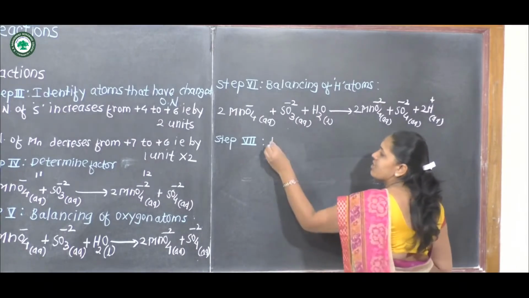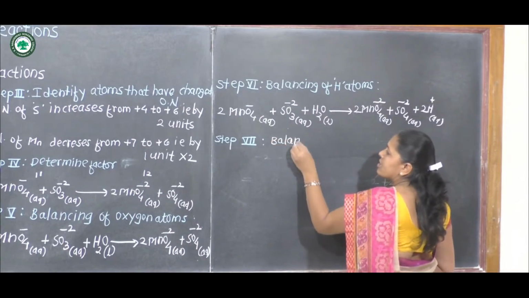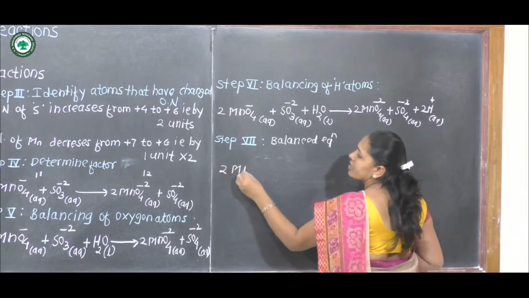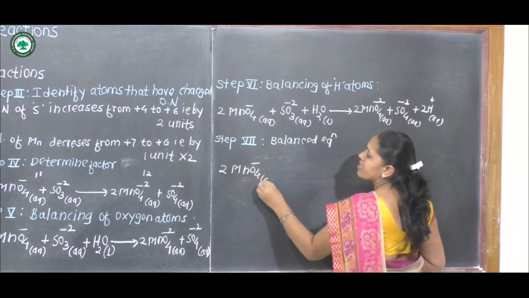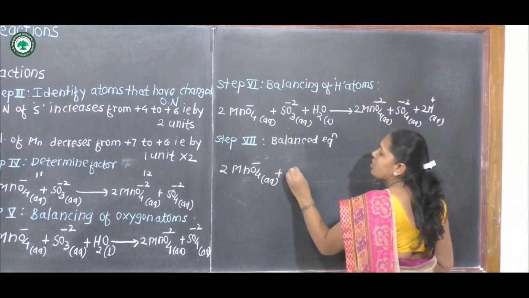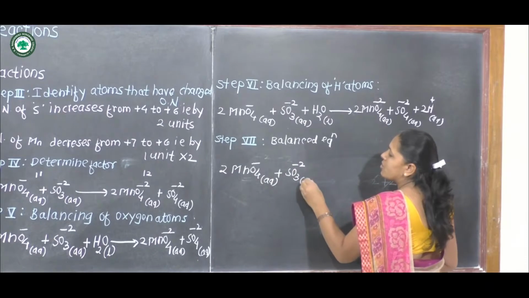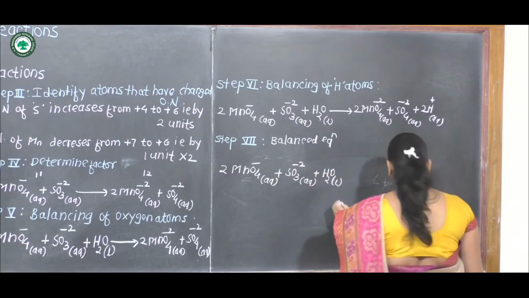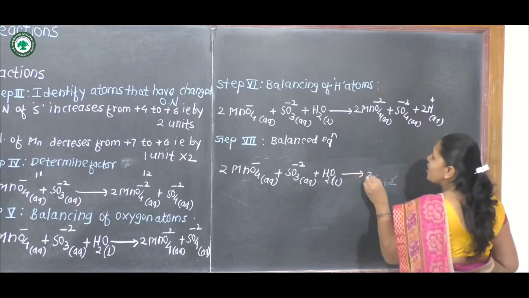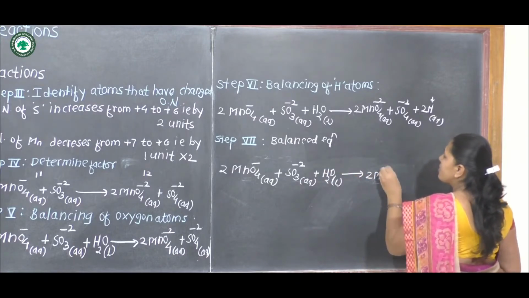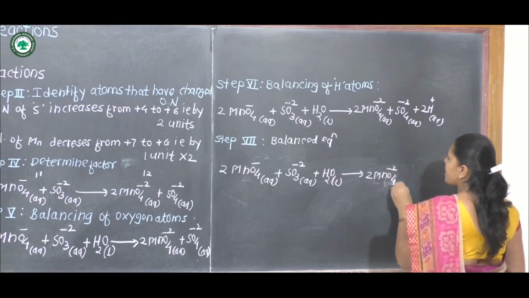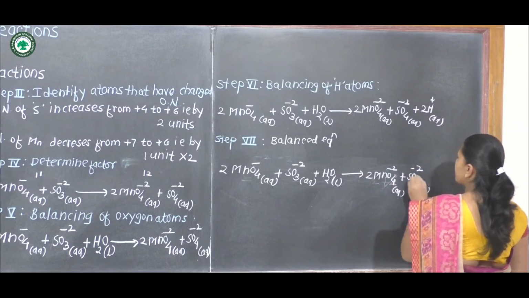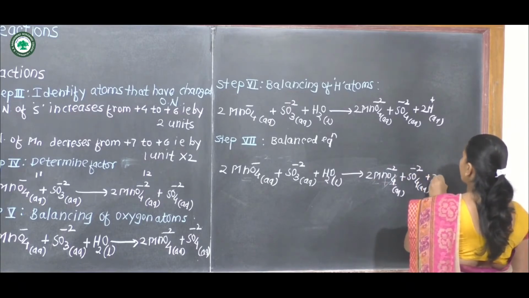Then the balanced equation: twice MnO4 minus plus SO3 minus 2 plus water liquid gives twice MnO4 minus 2 aqueous plus SO4 minus 2 aqueous plus 2 H plus aqueous.